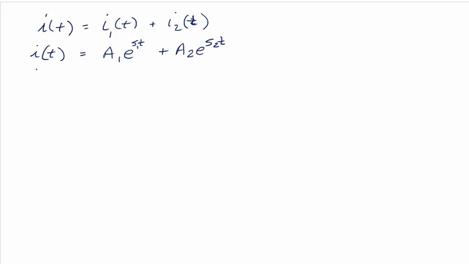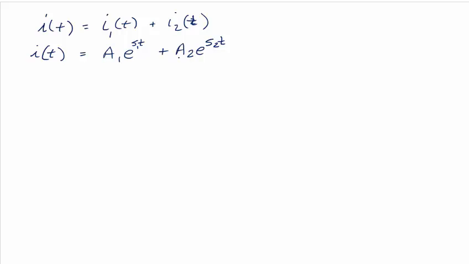So this is the total solution to that second order differential equation, but we have not yet determined these values of A1 and A2. Those values are determined from the initial conditions in the circuit, and since we have two roots in this equation, it's going to require two initial conditions, because we have found s1 and s2, but we have an A1 and an A2 constant still to determine.